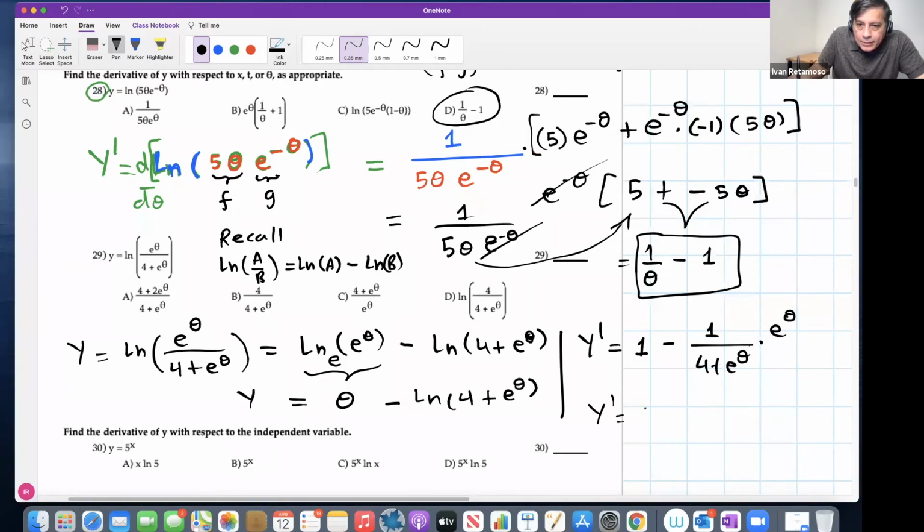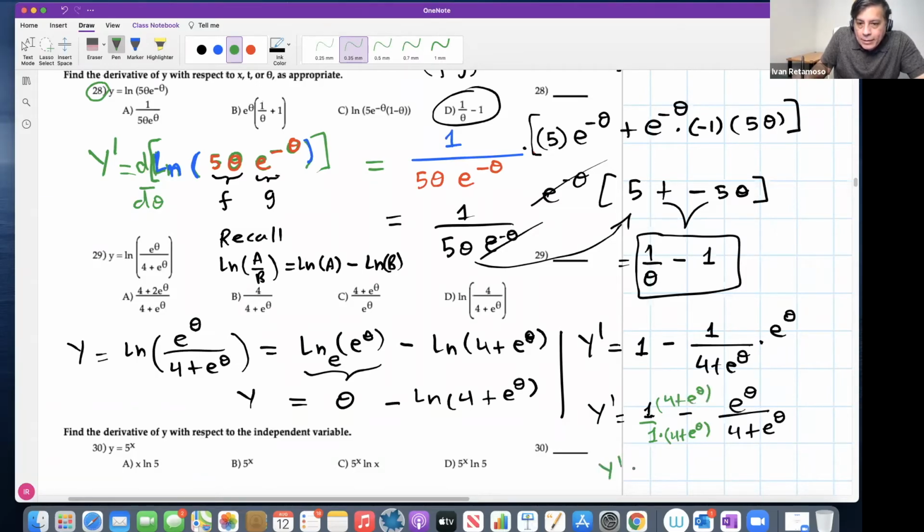So the derivative will be 1 minus e to the theta over 4 plus e to the theta. Do the math here. 1 is the same as 1 over 1. LCD 4 plus e to the theta. So times 4 plus e to the theta here, times 4 plus e to the theta here.